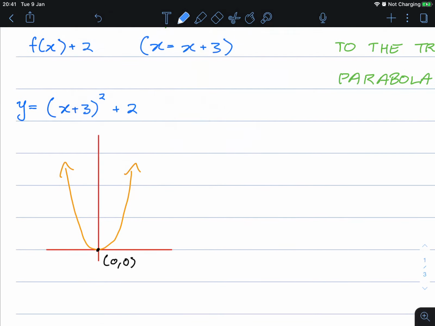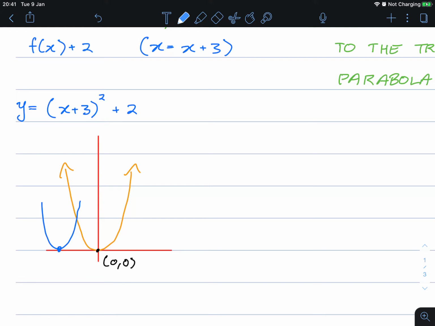If we move the function up 2 spaces, it will now be here, which means its vertex will be at 0, 2. But we also moved it 3 spaces to the left. So 1, 2, 3. Its vertex will now be at negative 3, 0. Combining both of those, our graph should be up here somewhere, and its vertex will be at negative 3, 2.